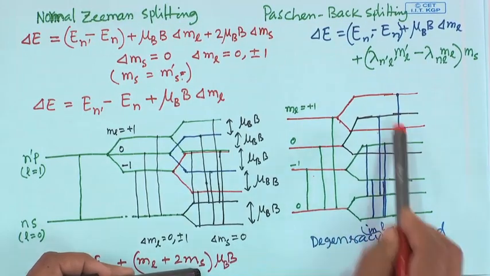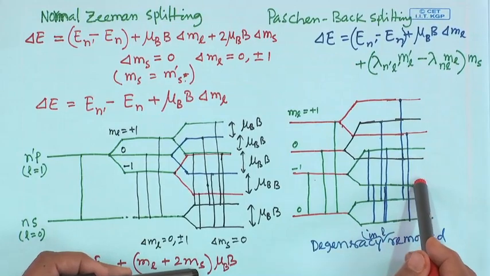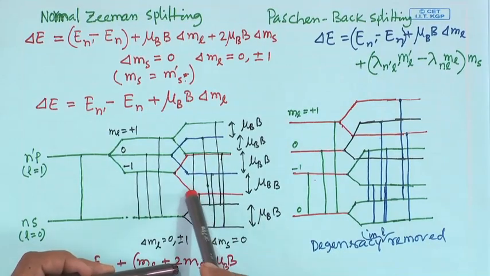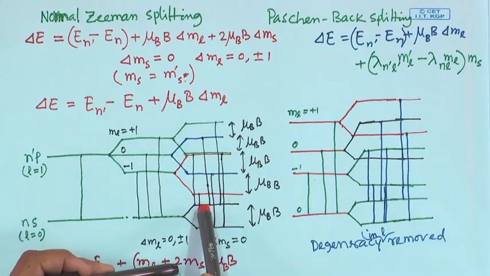Because of this asymmetric break of the energy levels, but with the transition rules the same, the two levels that earlier had the same energy will now not have the same energy. But they are close, these two energy values will be close.